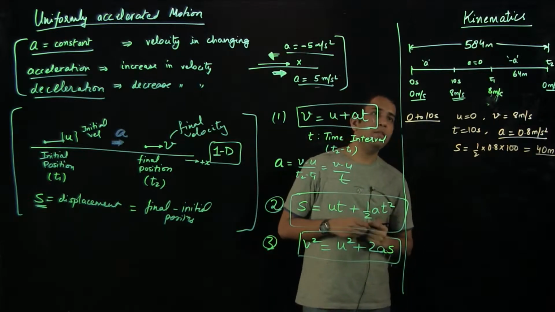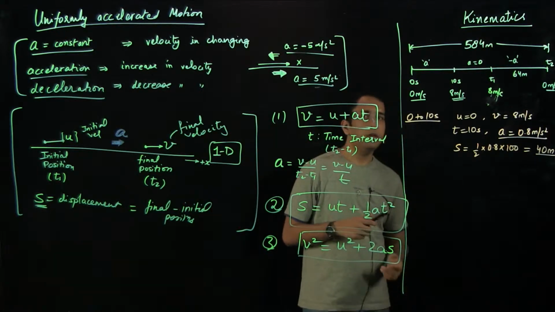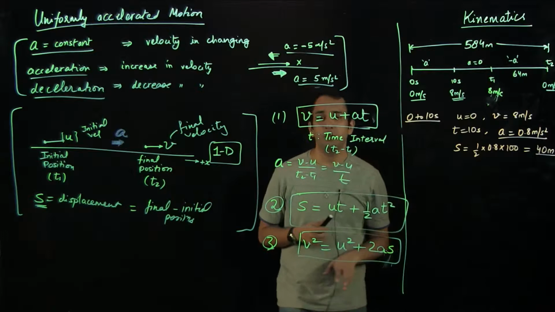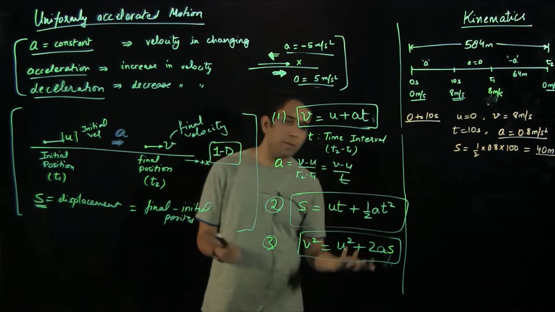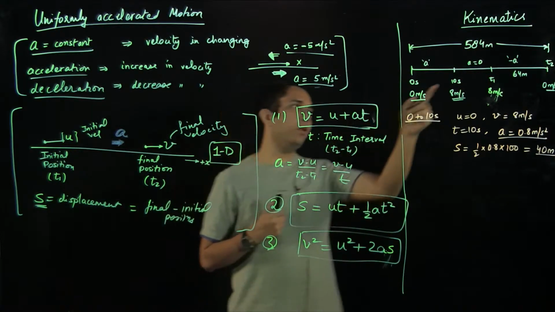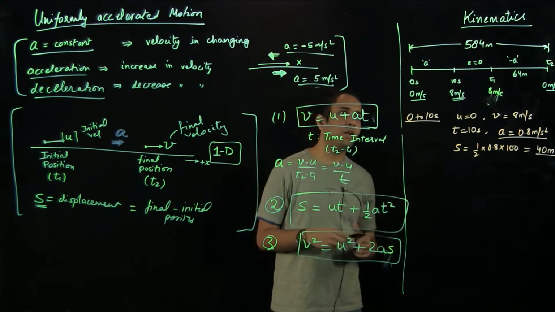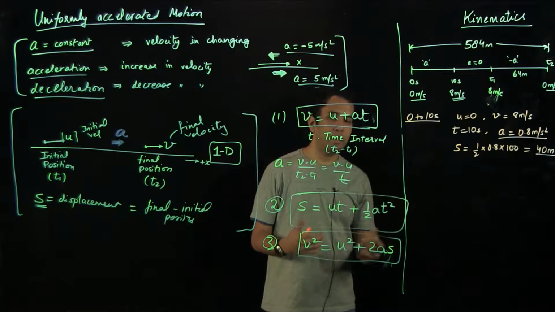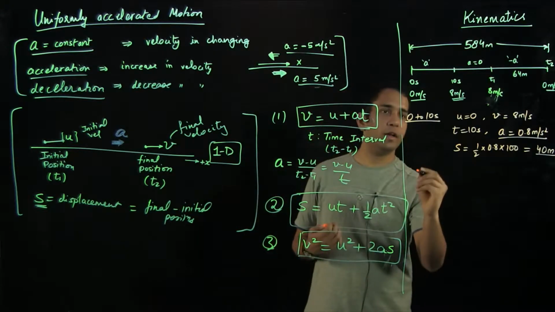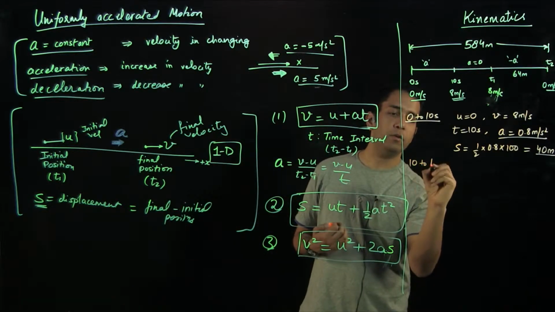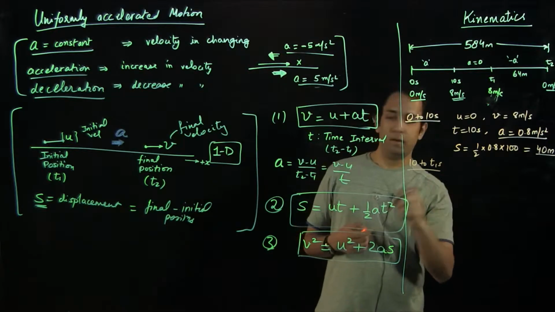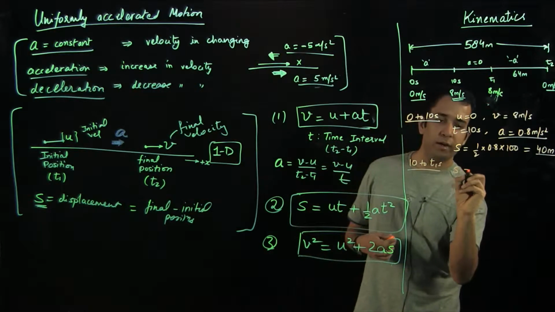For the second time interval from 10 seconds to t1, the acceleration is 0. So these equations can be applicable, but as soon as you put a equal to 0, we will not get anything special or interesting from that. The only thing we can see is that from 10 to t1 seconds, we can use the second equation to find the displacement.